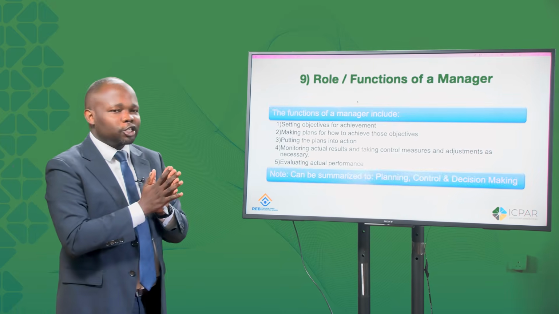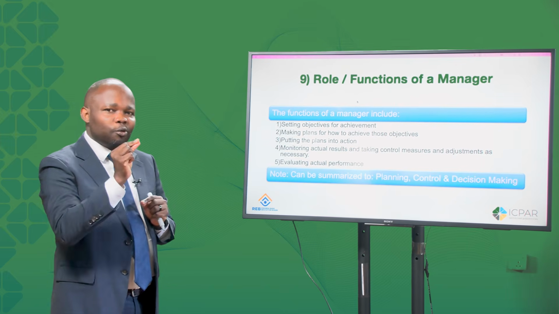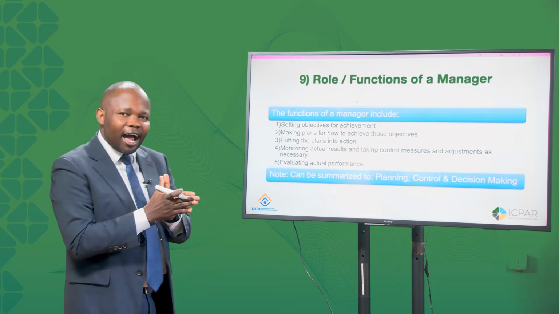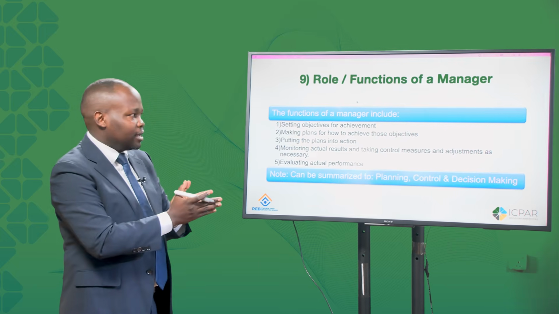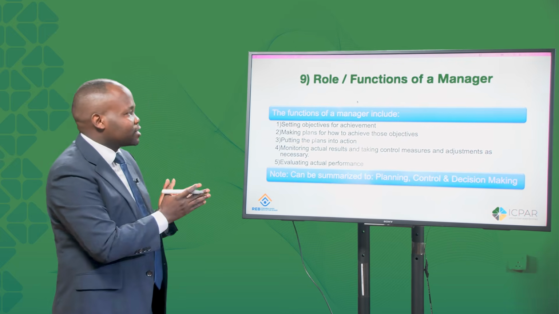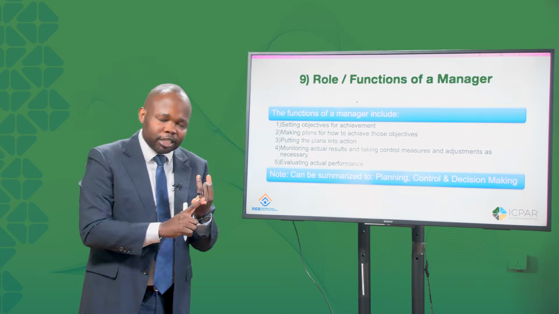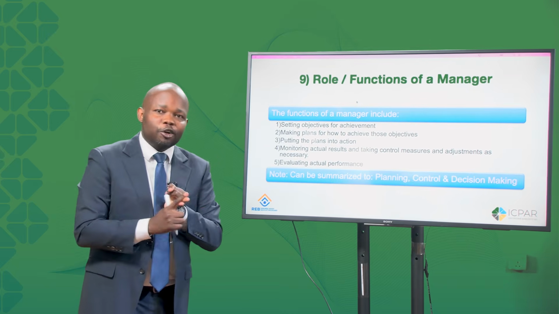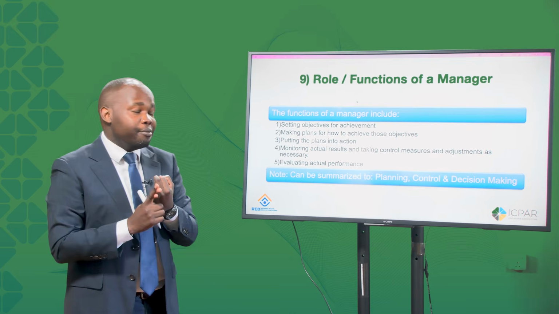Role and functions of a manager as we wind up on this chapter. A manager can have many roles. These roles or functions are normally setting objectives to be achieved in the future. Number 2, making plans on how to achieve the objectives.